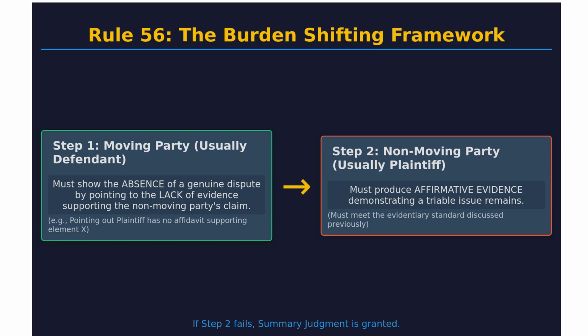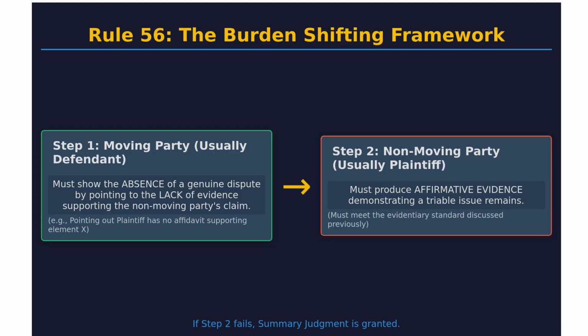Building directly on the requirement for admissible evidence, Rule 56 establishes a critical, two-step burden-shifting framework. This framework dictates who must prove what, and when. Initially, the burden rests entirely on the moving party, typically the defendant seeking summary judgment. The moving party must first demonstrate that there is no genuine dispute of material fact.